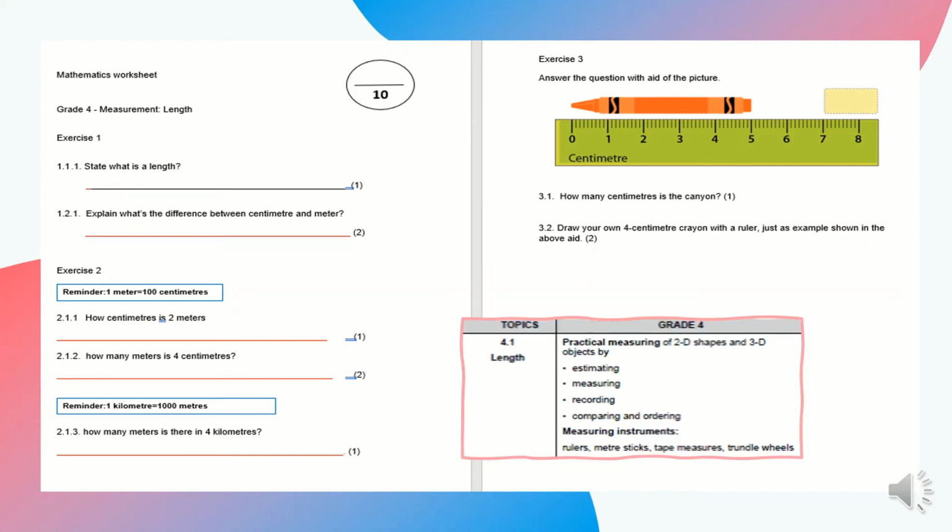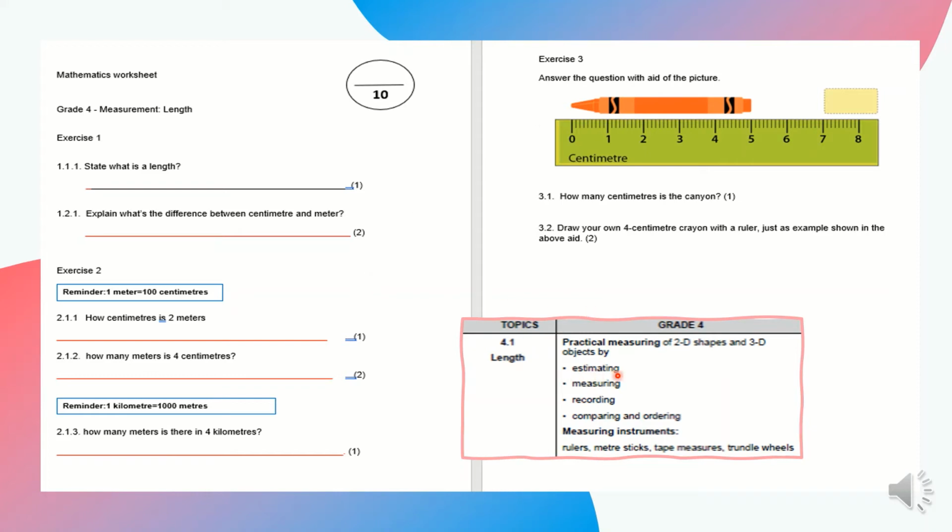Okay, before we go to Bloom's, let's see if according to CAPS we have done what we were asked to do. CAPS said measure 2D or 3D shapes, so technically they are here.